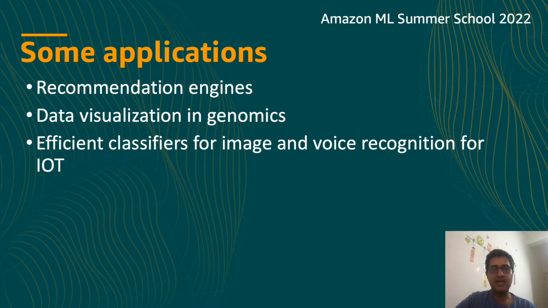These kinds of classifiers for image and voice recognition tend to utilize a lot of dimensionality reduction. At Amazon also, for voice recognition on Alexa and a lot of image recognition that we carry out, dimensionality reduction plays a large role.